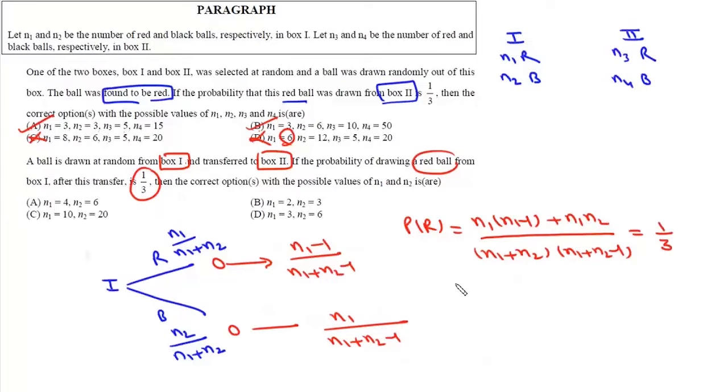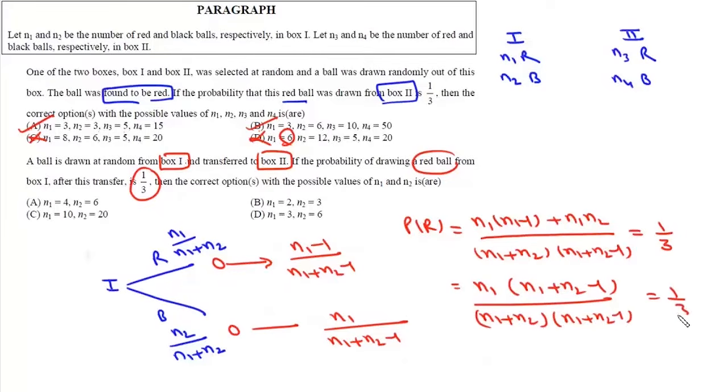Now here if we take n1 common, we can write this as n1 plus n2 minus 1 upon n1 plus n2 upon n1 plus n2 minus 1, and this is 1 by 3. Now here it will cancel, so this probability will be n1 upon n1 plus n2 equal to 1 by 3, or 2n1 must be equal to n2.